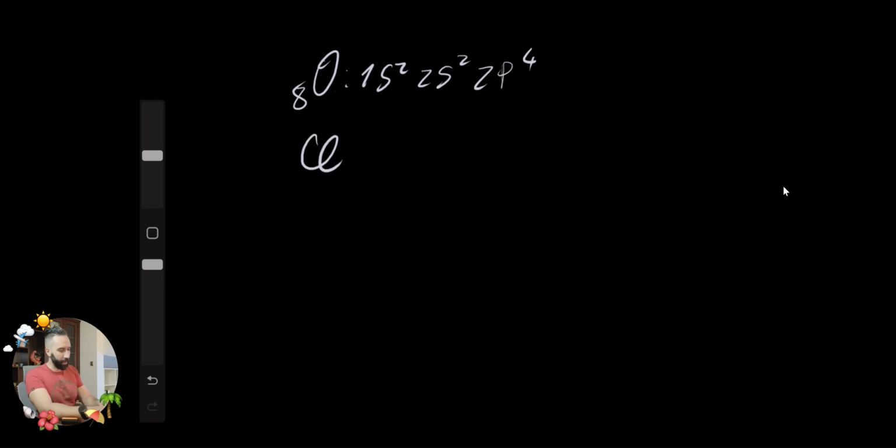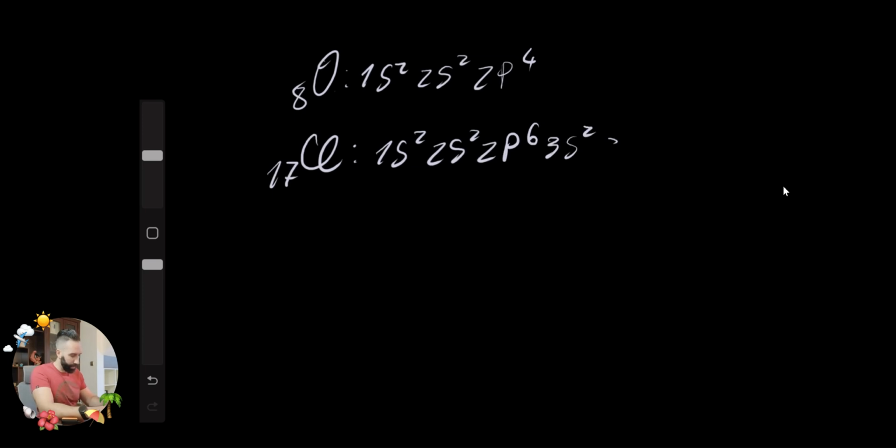That's going to be a long one. 1s2, 2s2, 2p6, that's 10, 3s2, 3p5, that's 17. So they're asking us to compare this and this. Remember, this is just 2p orbitals. So the 2p orbital of oxygen has 4 electrons, and the 2p orbital of chlorine has 6 electrons.